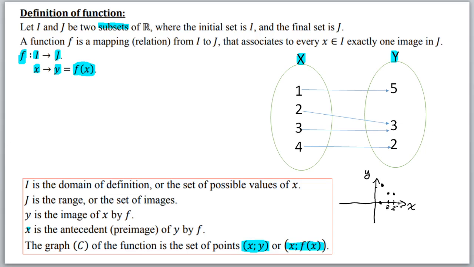And 4 gives 2. So the function could be like this. Okay, this is a function. If you remember how we used to draw a straight line parallel to the y axis to know that it is a function. Okay. Anyway, these are just definitions, nothing more.